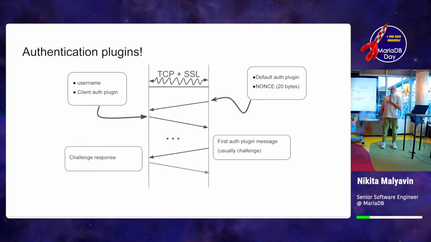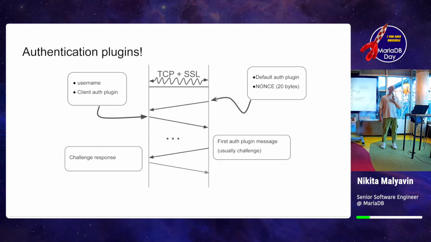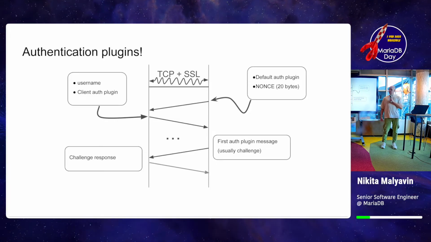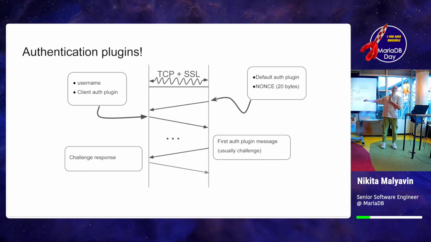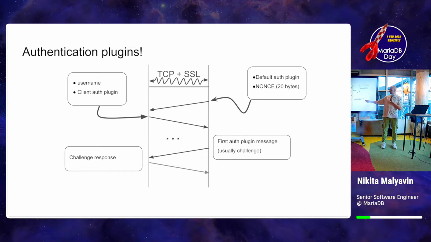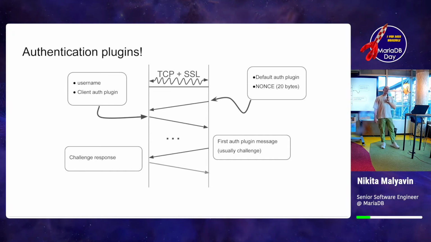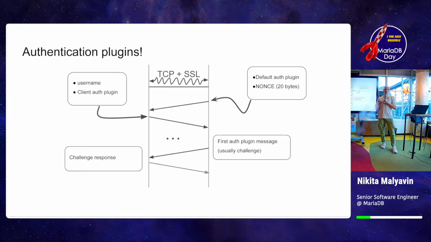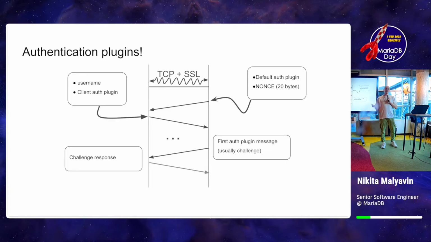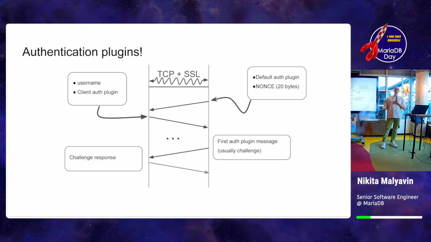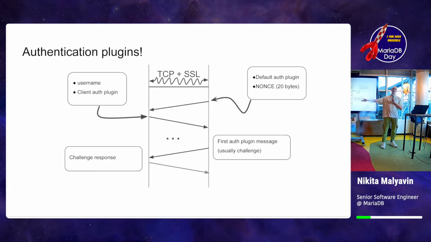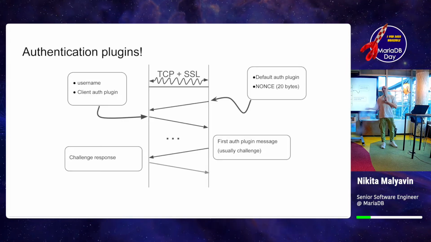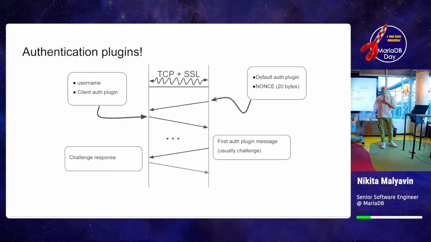It's called challenge-based. The server-side plugin sends some string, usually called a challenge, and the client tries to generate a string based on the password and this challenge. For example, it can just calculate a hash out of the concatenation of this challenge and the password and send it through the network.